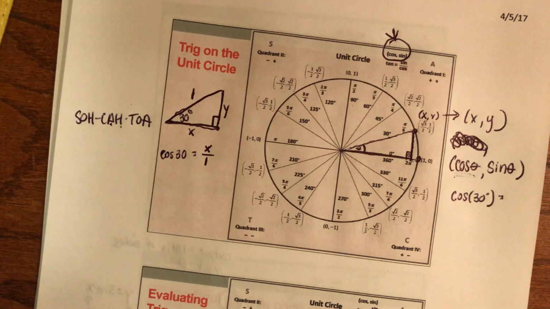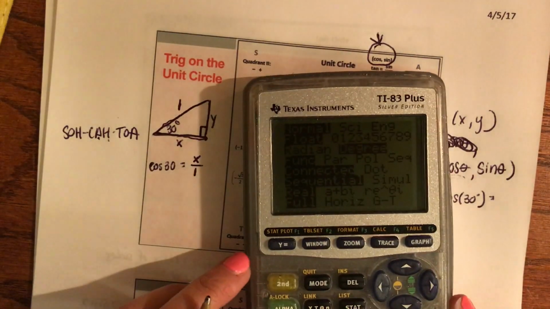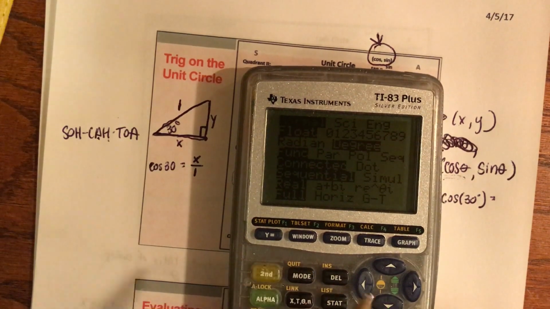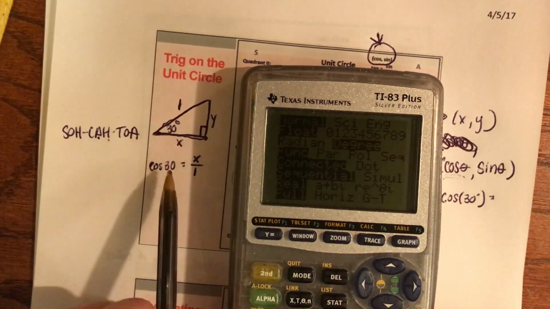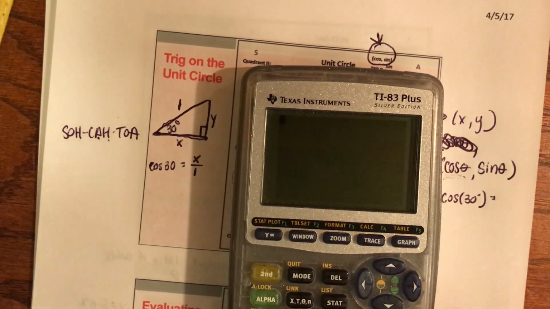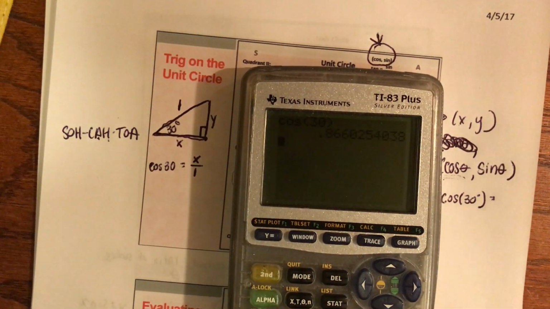Now, when you actually calculate on your calculator, I don't know if you guys can see this, make sure that your mode, if you hit mode, is in whatever angle measure you're working in, so degrees, right? We can calculate cosine of 30 degrees.